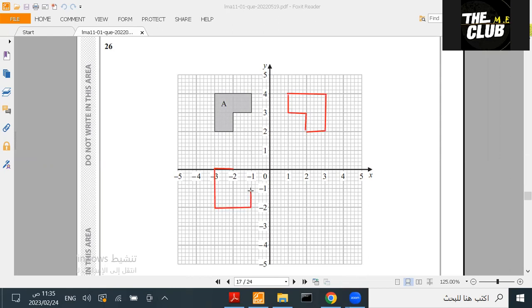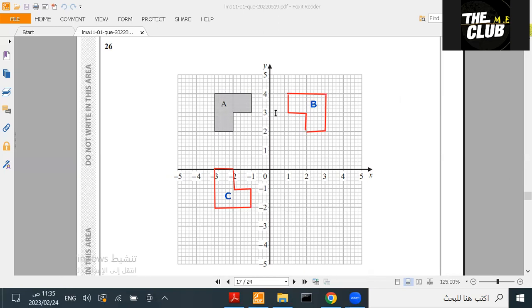I'll label them so we can understand the idea. هذا B. وهنا C. Now the question is, how did B become C?